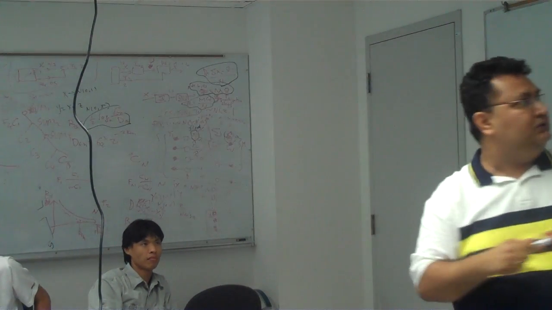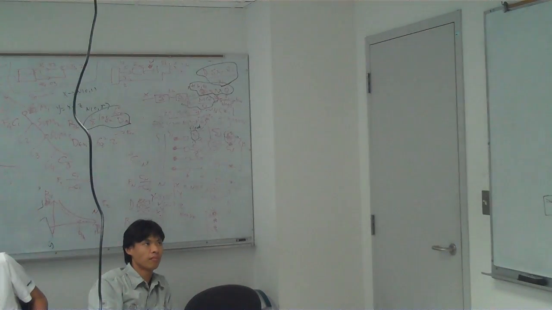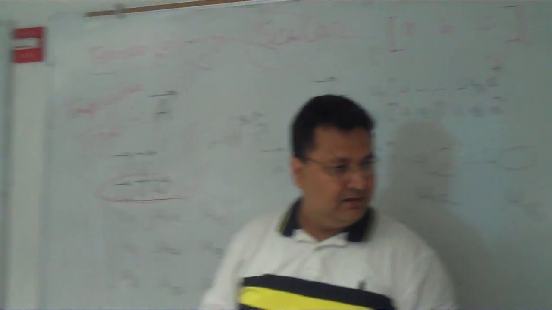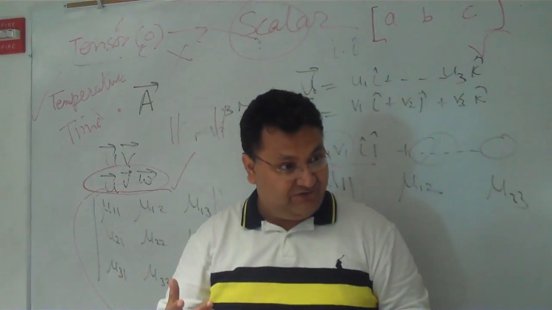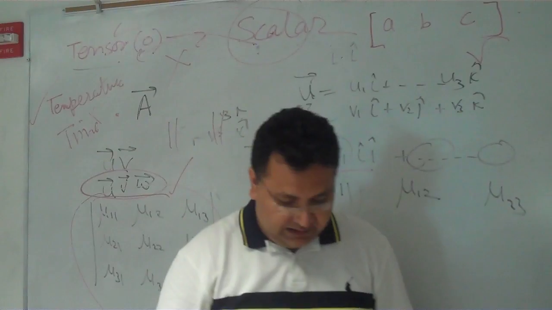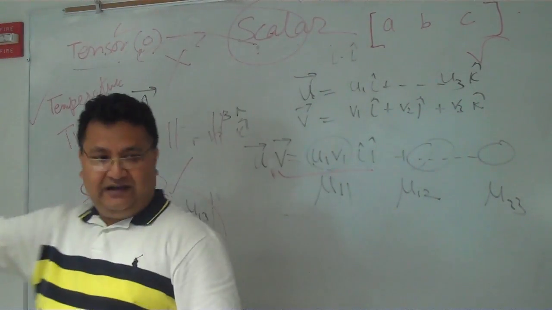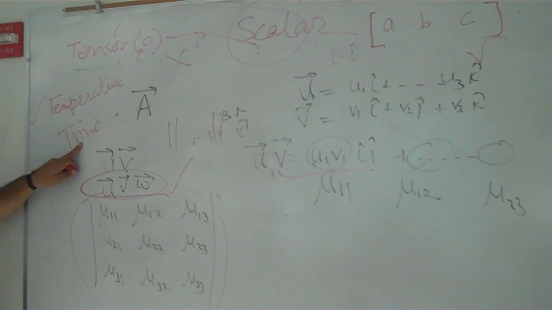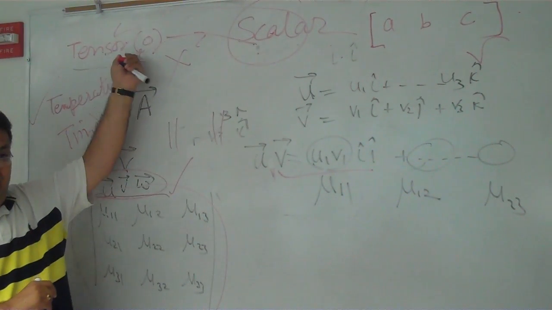So the time will not be the same. So time is a scalar, but it is not tensor zero. You got my point? With the change of reference, I am a stationary reference and somebody who is moving is a moving reference. For him, the time interval will not be the same for the same events. So this is not considered tensor zero.